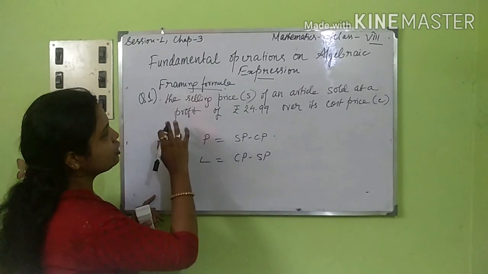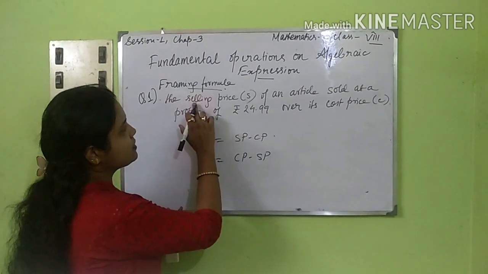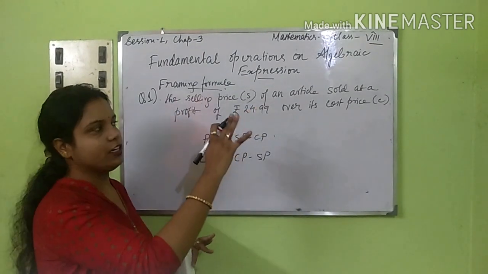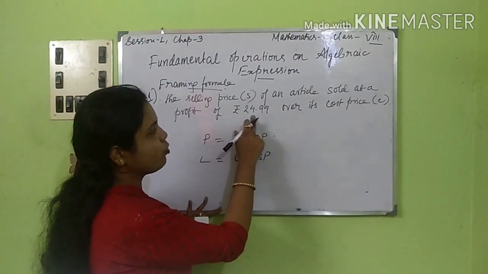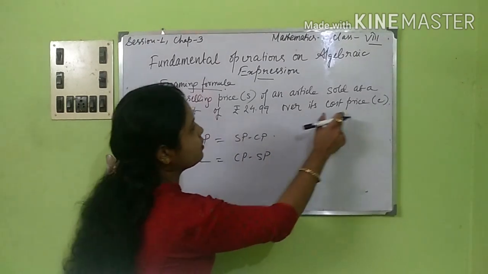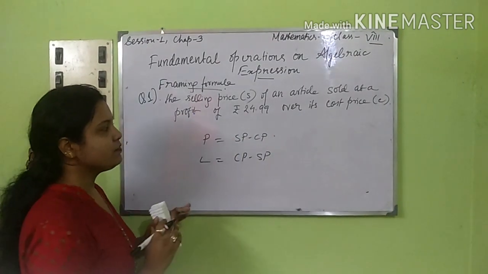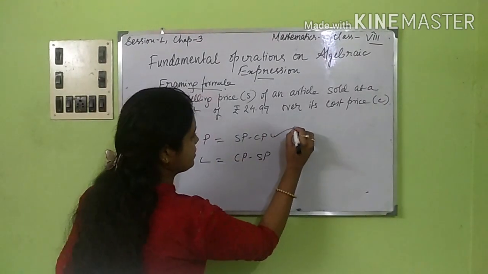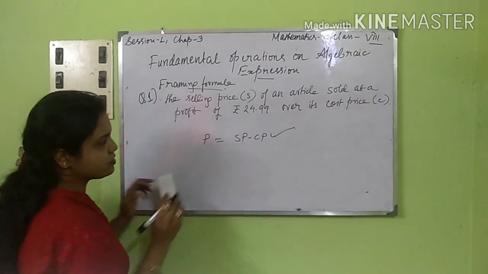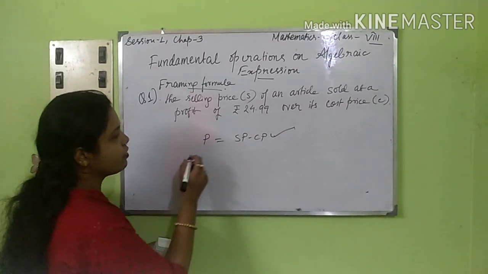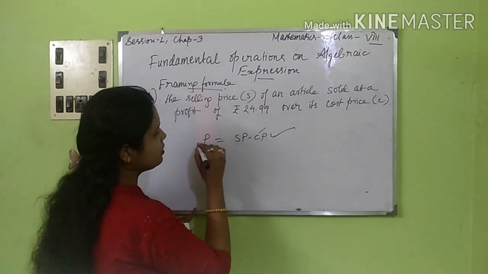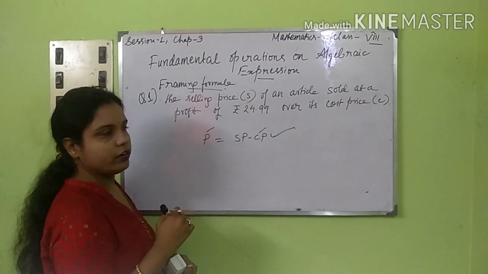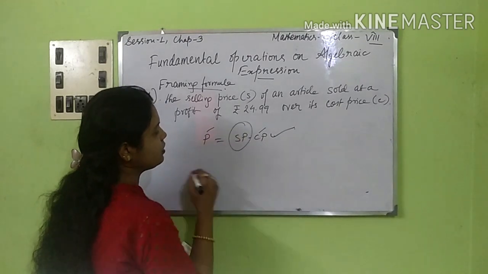Now here we need to see what is available. Selling price of an article we have to find out. Sold at a profit, that means we have the profit here, 24.99 rupees over its cost price. That means the formula for this will be this, right? So taking into consideration this particular formula, we are having 2 things with us. One is CP and one is the profit, right? So we need to find out the SP.